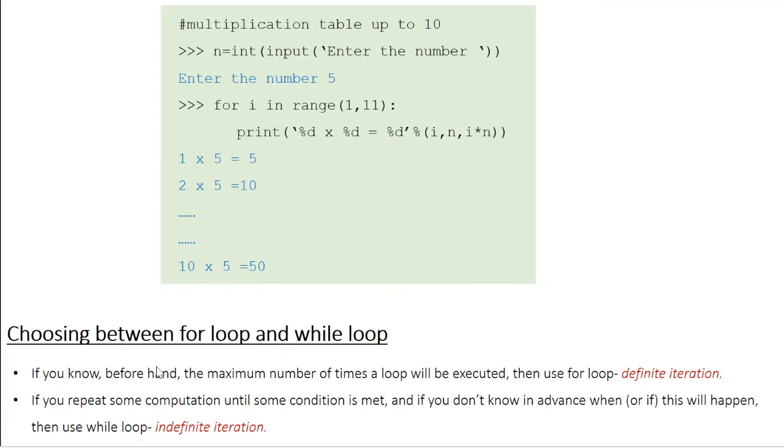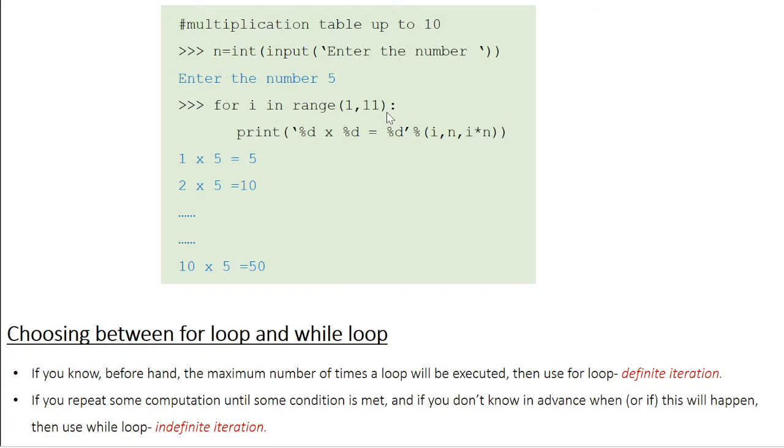Now the question is, how do you choose between a for loop and a while loop? When you use a for loop, in this case, when you say range 1 to 11, you know that you are creating a list of integers with starting element 1 and ending element 11 minus 1, which is 10.